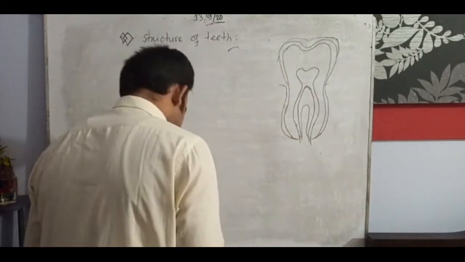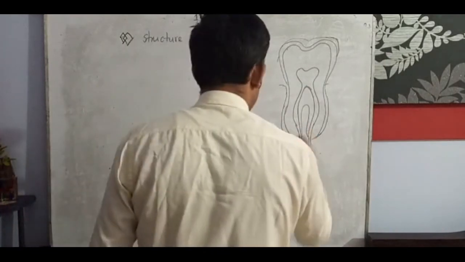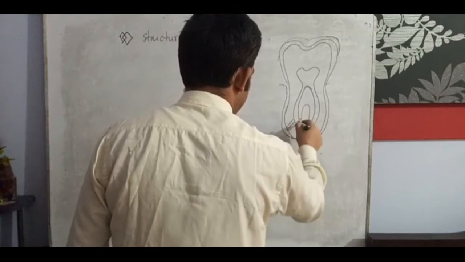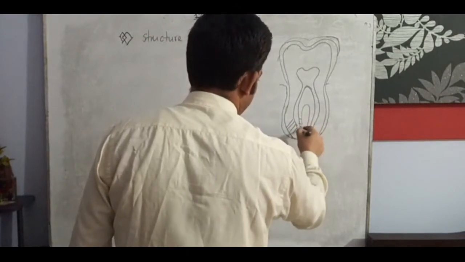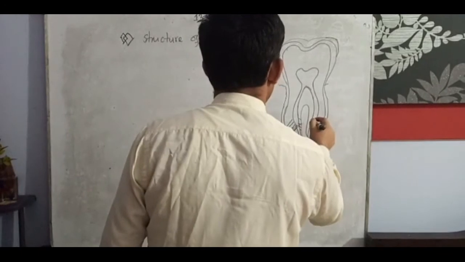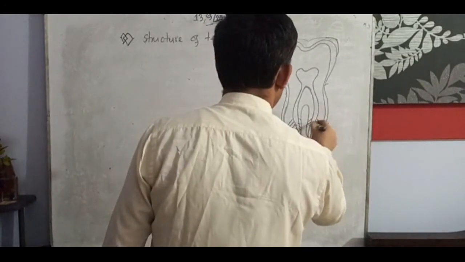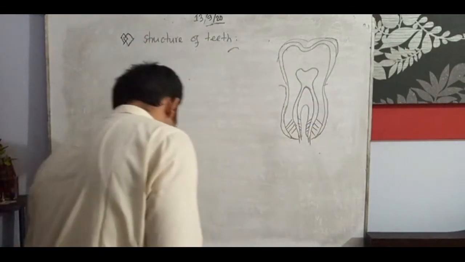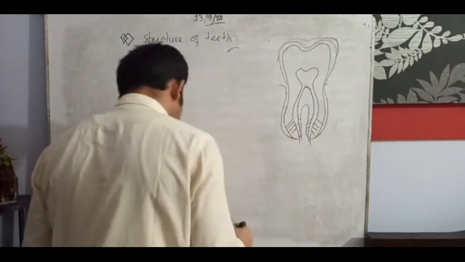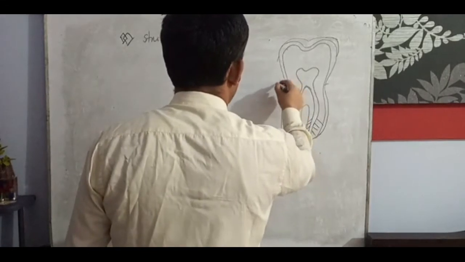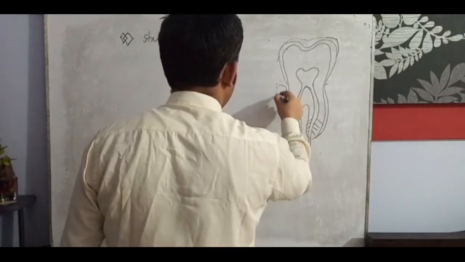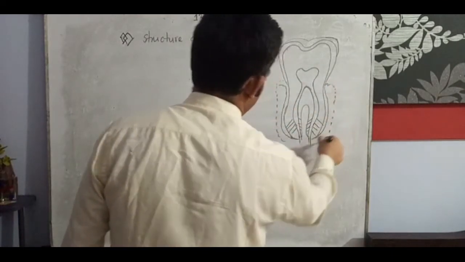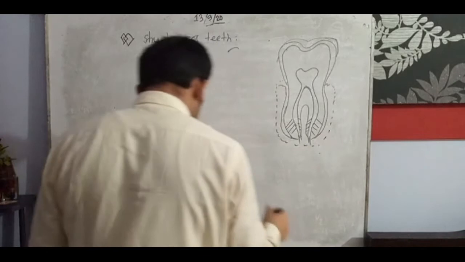Structurally, this is what we can say about the teeth structure. This one will be like that. In this way you can draw this, and finally we can have another outer part or layer going on through, and this is the outer part with muscular tissue.